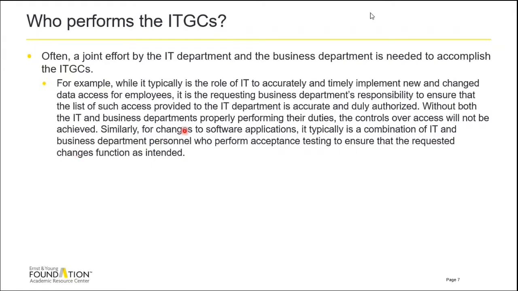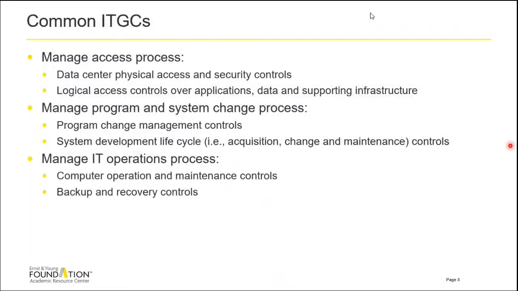So without both the IT and business departments properly performing their duties, the controls over access will not be achieved. Similarly, for changes to software applications, it is typically a combination of IT and business department personnel who perform acceptance testing to ensure that the requested change functions as intended.